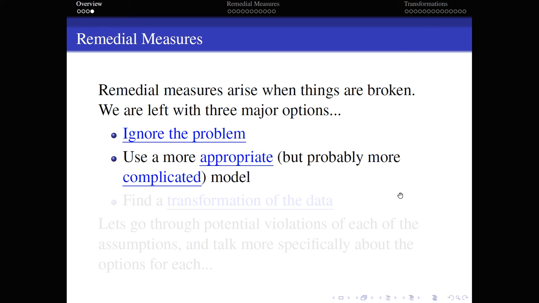In fact, we have an entire class called non-parametric statistics. It's an entire class devoted to statistical models that don't lean on the traditional assumptions that we make in regression and in all of these statistics that are based on the regression model. We'll talk a little more about that too later in this lecture.